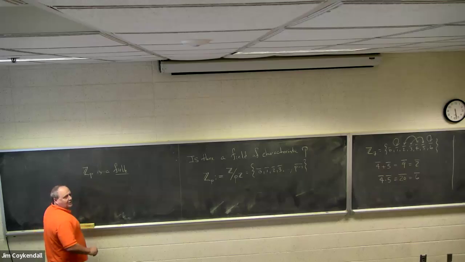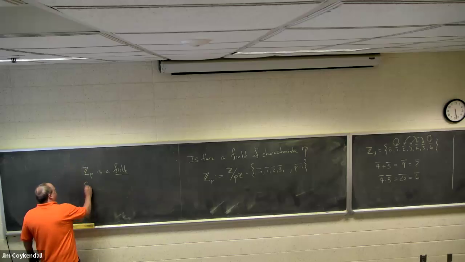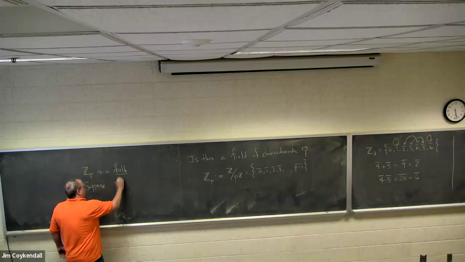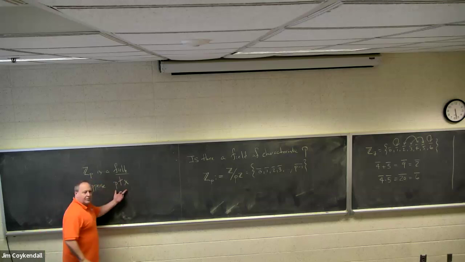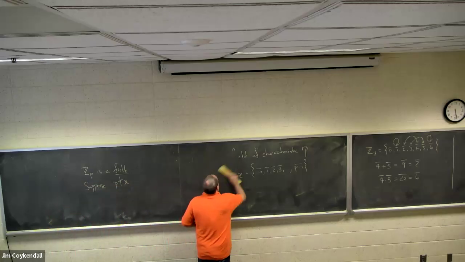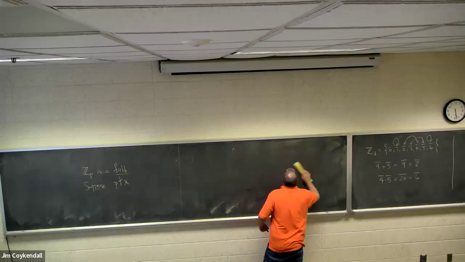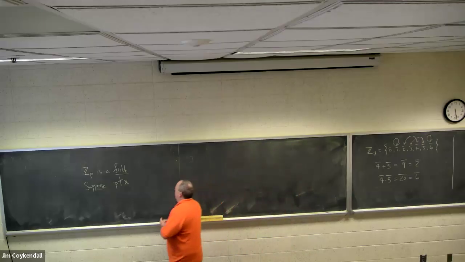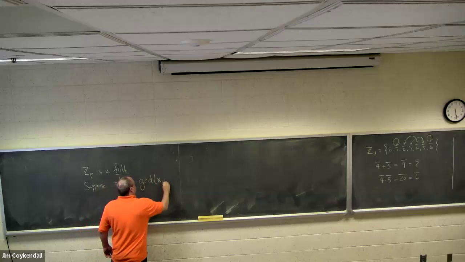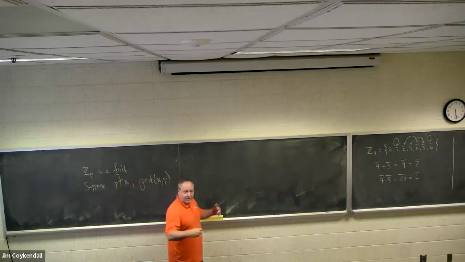So if you're in my 4120 class, you're gonna love this. Suppose x is an integer that is not divisible by p. This means the GCD of x and p, the greatest common divisor of x and p, is 1.